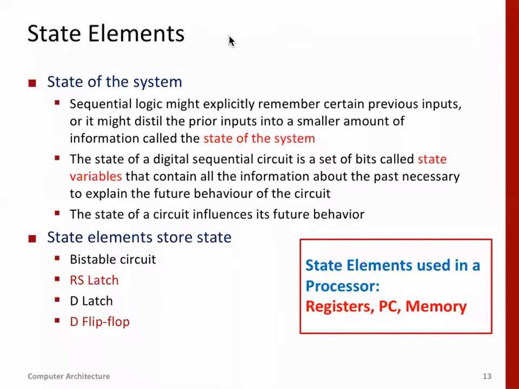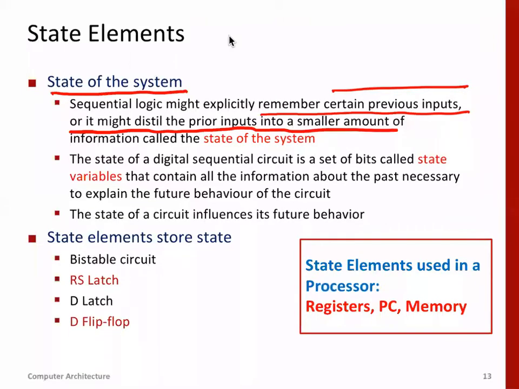So in general, in sequential logic circuits or in processors, we use the state of the system for moving from one state to another state. So then what is a state in general? What can store state? Basically we can say that sequential logic might explicitly remember certain previous inputs, or might distill the previous input to a small amount of information called the state of the system.